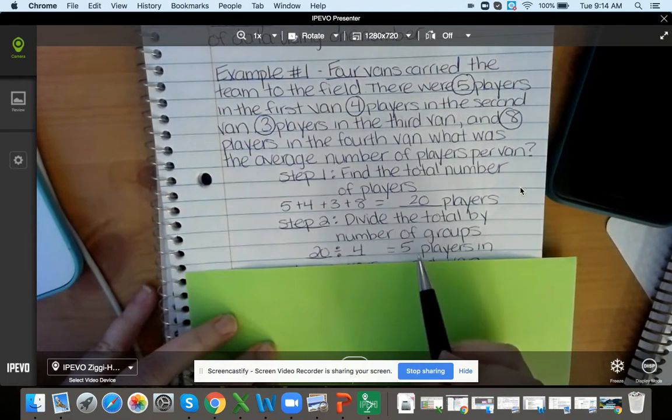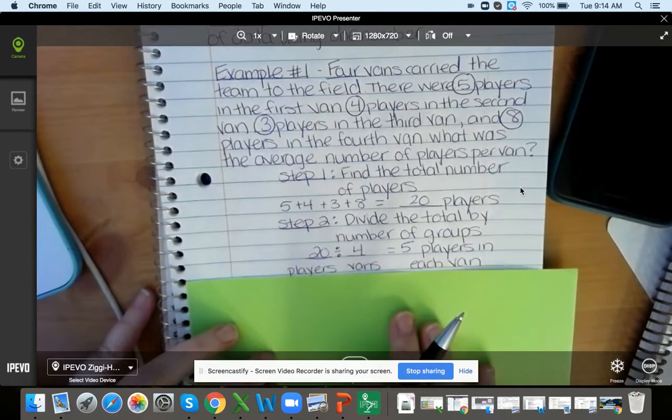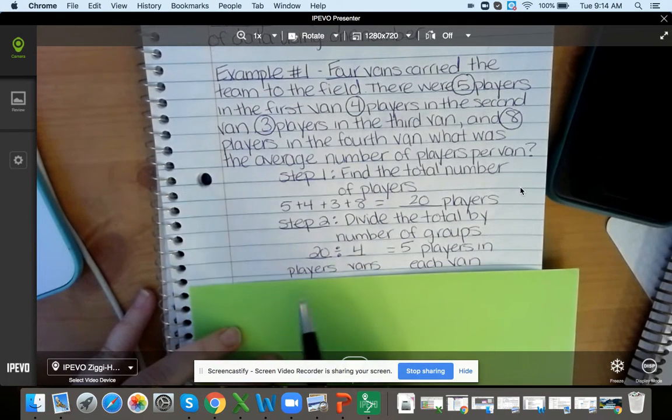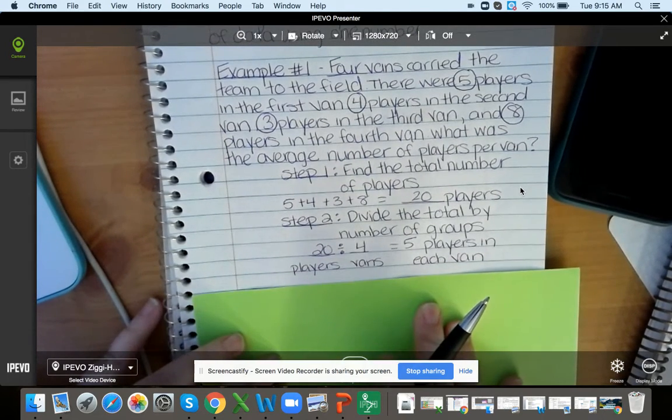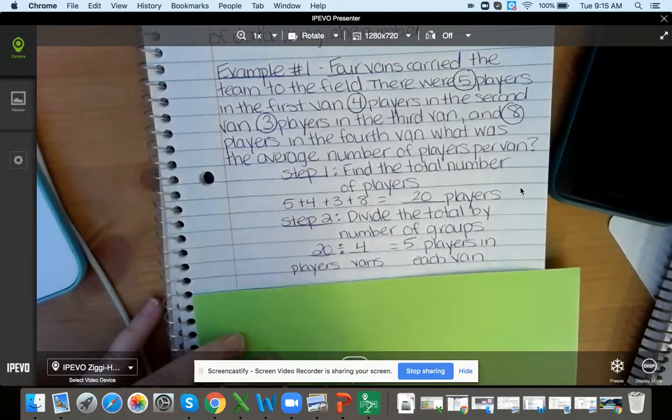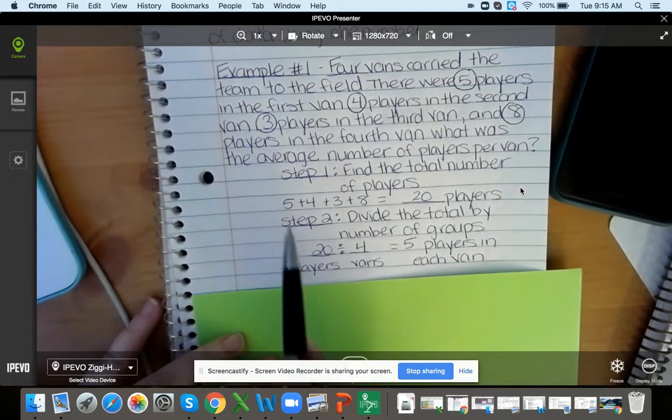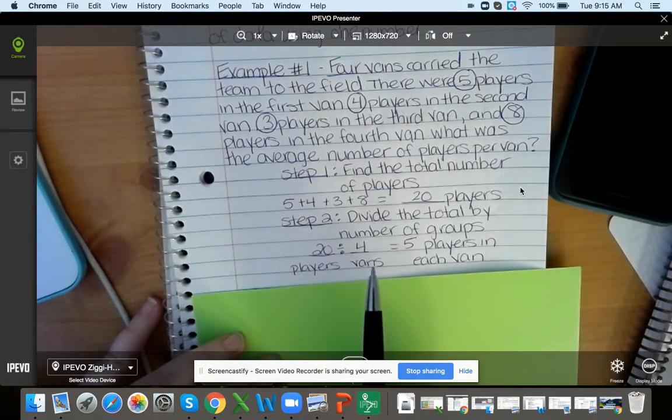When I did that, I got 5 players in each van. So 20 players divided by 4 vans equals 5 players in each van. There are 2 steps when you are working with averages. First, make sure that you find the total number, then divide that total number by the number of groups that you have.